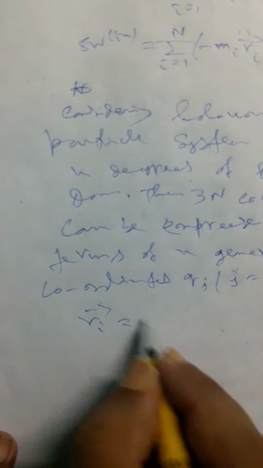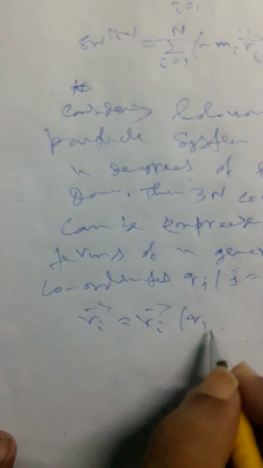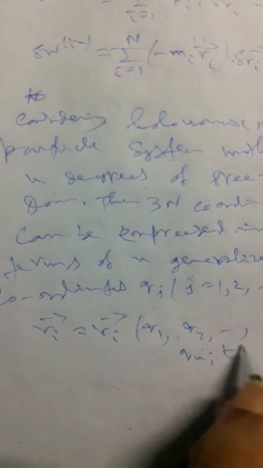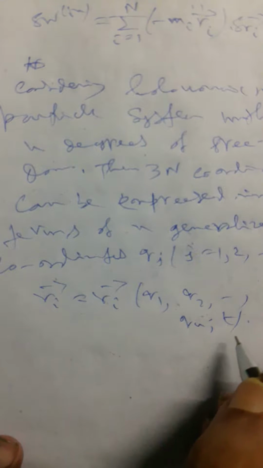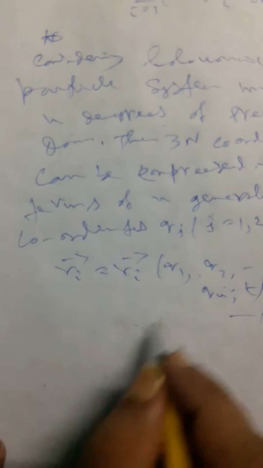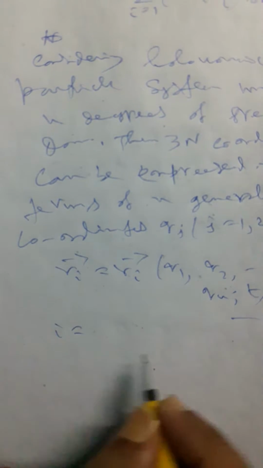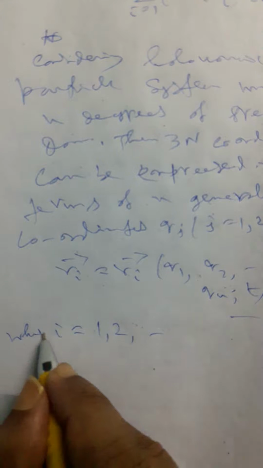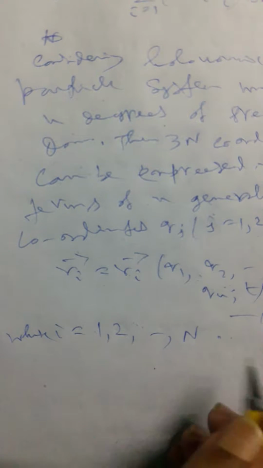Now here ri is a function of q1, q2 up to qn and t, taking this as equation number 4, for every i from 1 up to n.